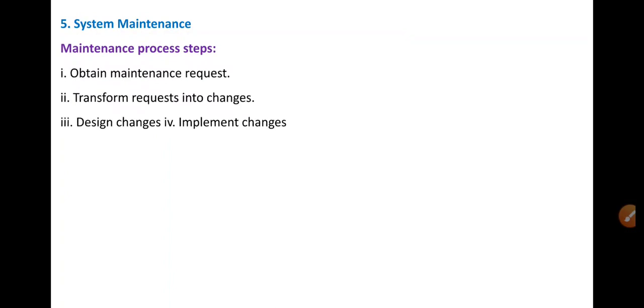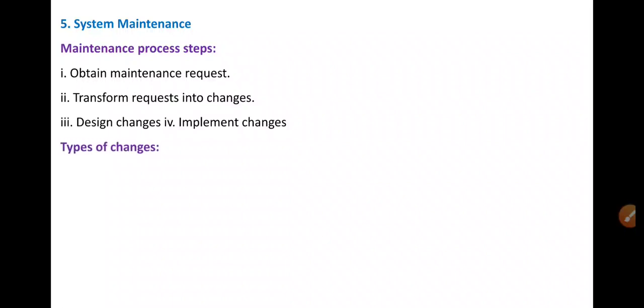In the sense, in order to make changes, you have to design programs. By preparing and designing programs, you are able to change the required things in the information system. And next, implement the changes. After designing the changes required by the information system or the organization, you can go for implementing those changes that you have made.